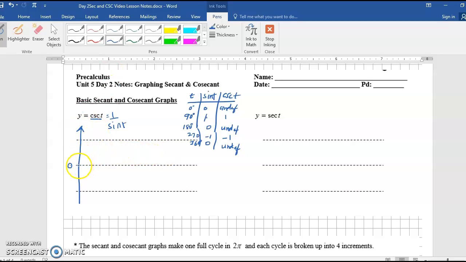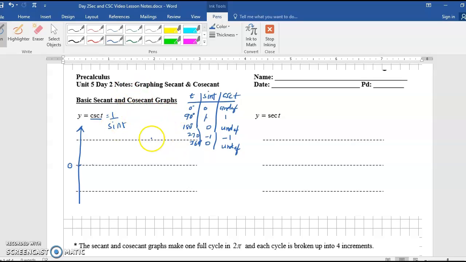So from here, this is the first starting point, because it's the parent function. The starting point is usually at the origin for sine. For secant, it will be different. Sorry, this is only for sine though, my bad, because cosecant is reciprocal of sine. But we have to actually put our increments together.